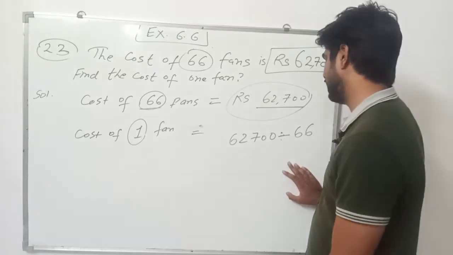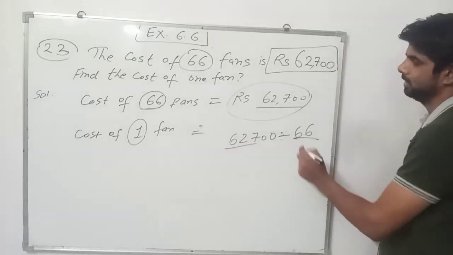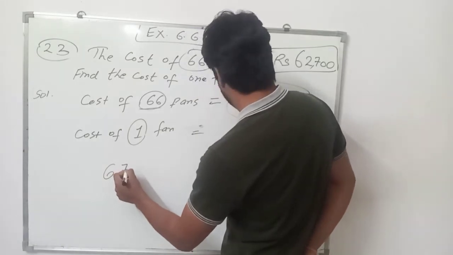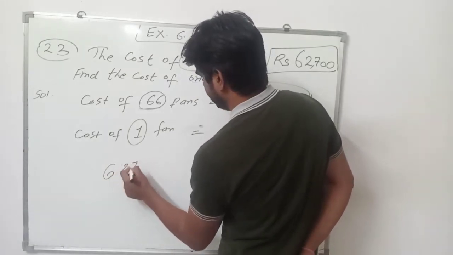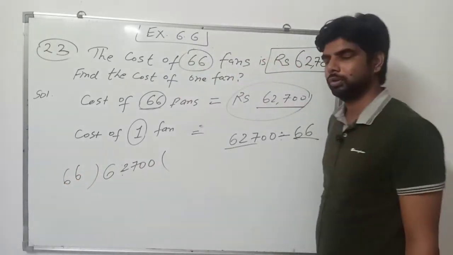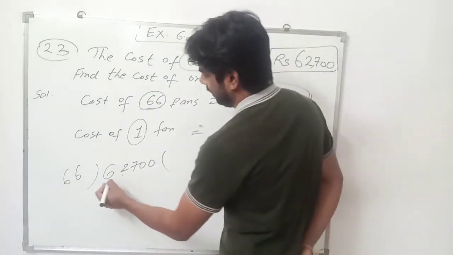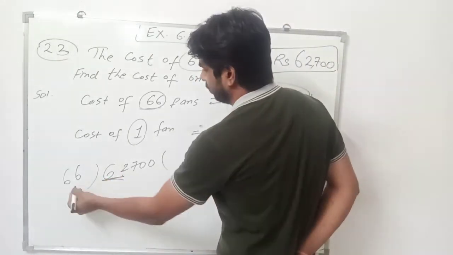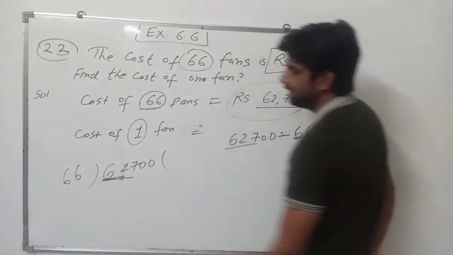Now we have to divide this by 66. Let's do it in rough. 62700 divided by 66. We don't know the table of 66, and these two digits, 62, are smaller than our divisor 66, so we have to take 3 digits.